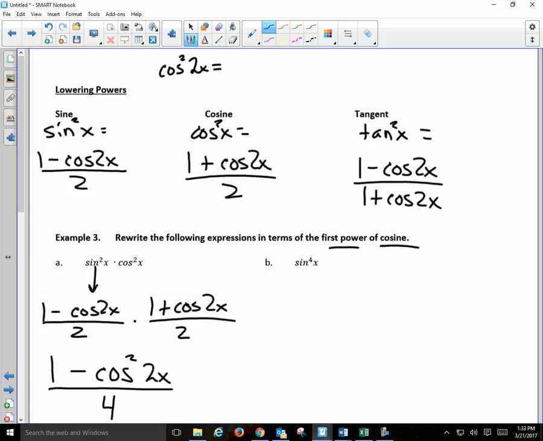What happened to the angle as I went from the first expression to the second expression? It doubled. So if you wonder how we rewrite cosine squared of 2x, again, we double the angle. So it will be 1 plus cosine of 4x over 2. So I have to double the angle.